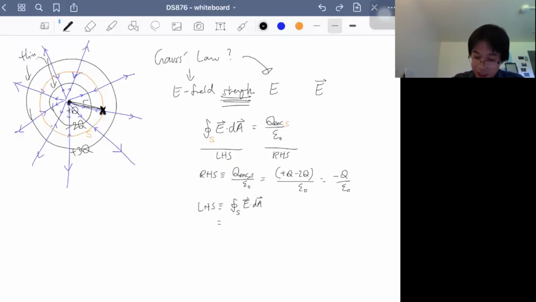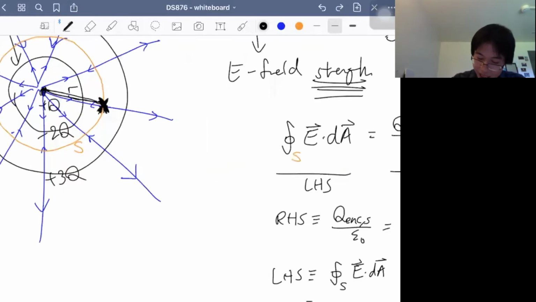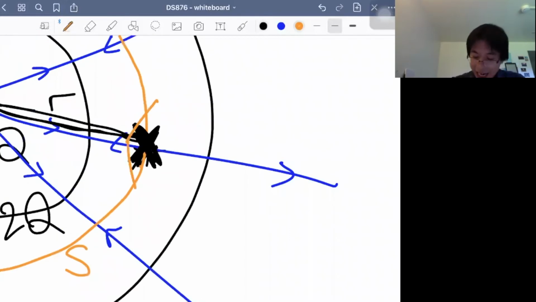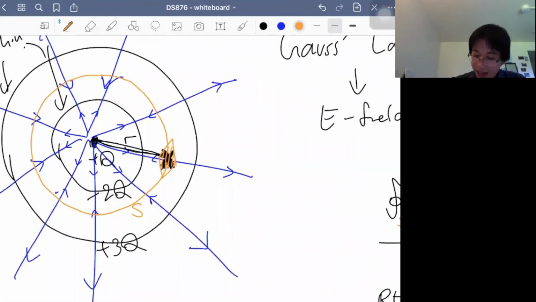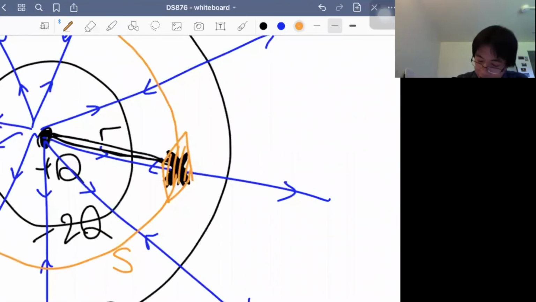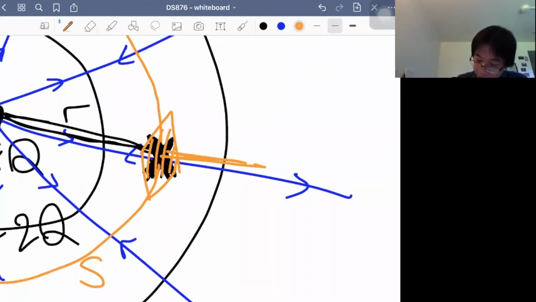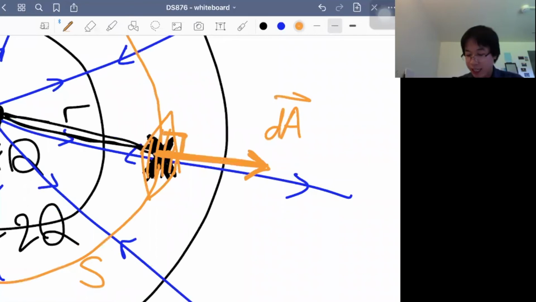So the area vector of S, we need to zoom in. On S, we need to find a little piece of area. Remember, it's a sphere, right? But dA means I want to look at a little piece of area over here on the S. And the area vector is defined as always a perpendicular vector pointing away from the interior of the surface. That's how you define area vectors.